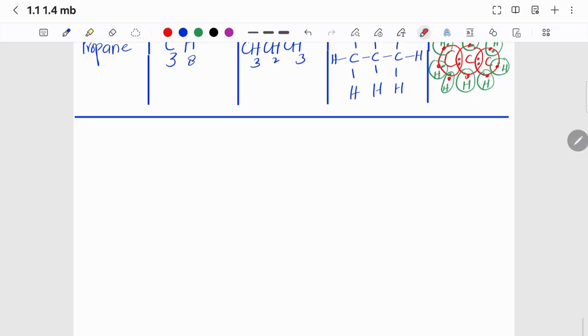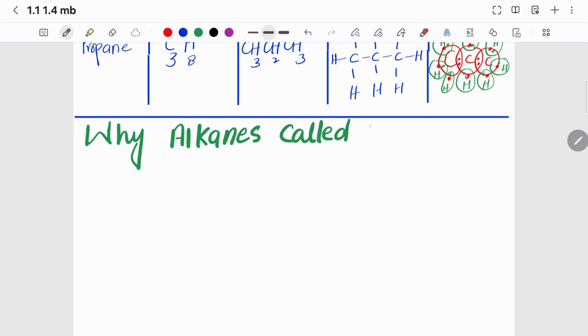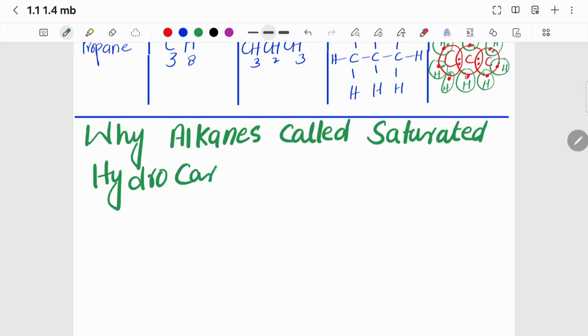Now a very important question that is frequently asked in your theory exam says, why are alkanes called saturated hydrocarbons?